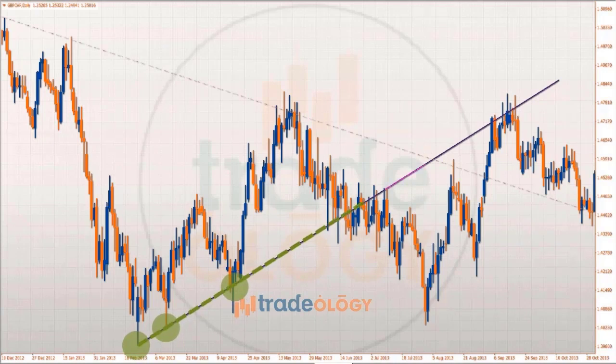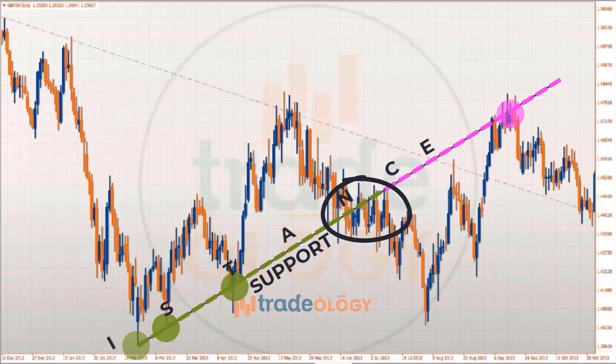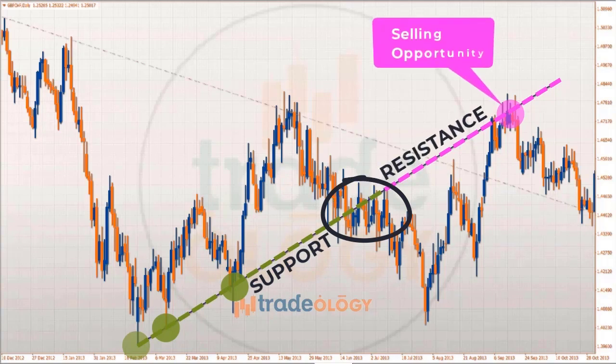We can see in this GBP/CHF daily chart that the pair had respected a trend line for some time. However, once the market broke trendline support, it quickly retested former support as new resistance. This retest gave traders the opportunity to sell the pair, which would have resulted in a substantial gain over the next several days as the market sold off.